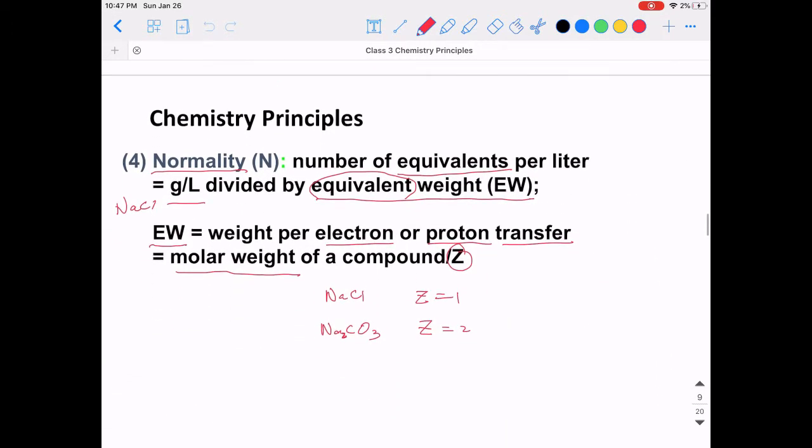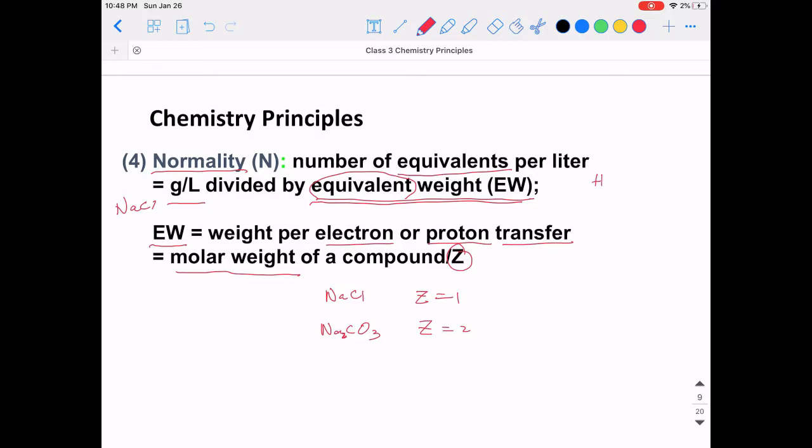In terms of the normality, it is defined as the number of equivalents per liter, right? So it can be calculated based on the mass concentration divided by the equivalent weight. And as we have shown, the equivalent weight can have different values, depending on how many protons are accepted or released in acid-base reactions, or how many electrons are released or accepted in oxidation reduction reactions.